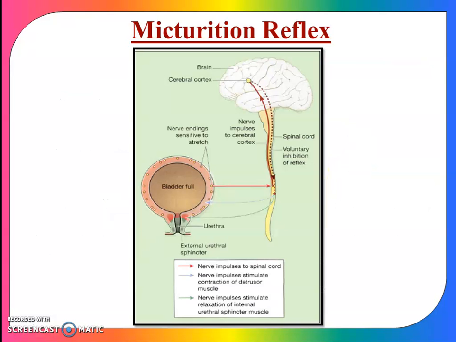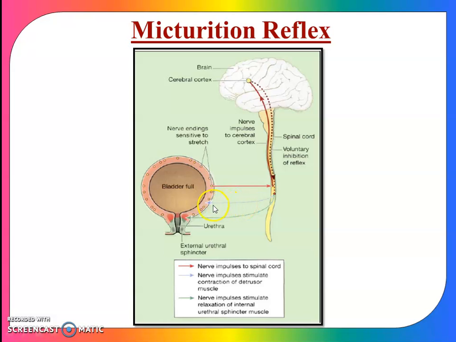When 300 to 400 ml of urine accumulates inside the bladder, it becomes full, and the wall of the bladder contains stretch receptors. Those stretch receptors get activated in response to filling of the bladder, and their nerve endings send impulses to the spinal cord, and through the spinal cord the impulse then travels to the cerebral cortex of the cerebrum, where the proper analysis of information takes place, and the nerve impulse comes back.